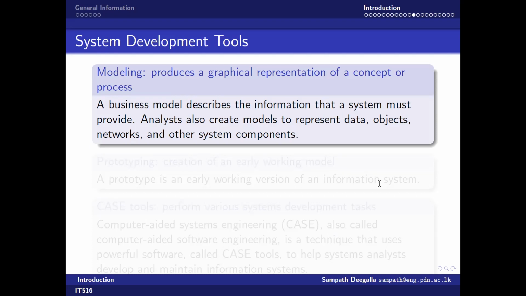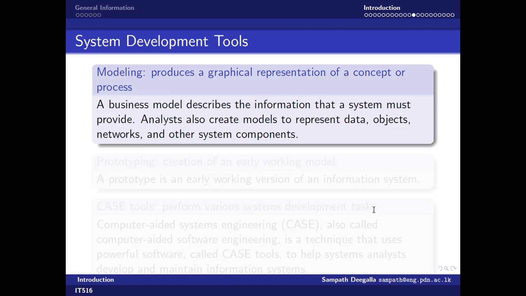It could be a concept, it could be a process. So the information or what a system provides should be represented using the business model. During the system analysis phase, which we discuss in the coming sessions, they create models to represent data, objects, networks, and other system concepts.